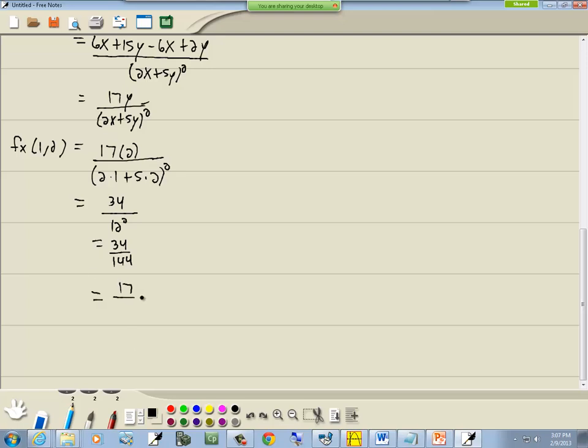They're both divisible by 2, so that's 17 over 72. Assuming no basic math error, that would be our answer.